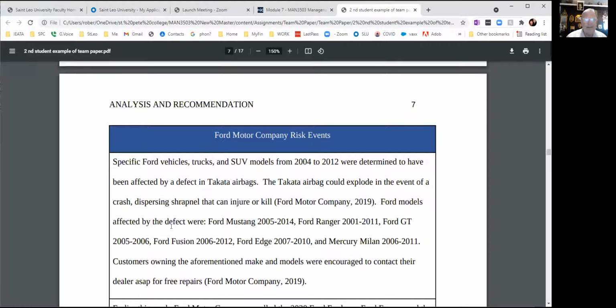Okay. Risk events, they actually went in and looked at the history of where they did have exposure to risk to take into consideration in their future.